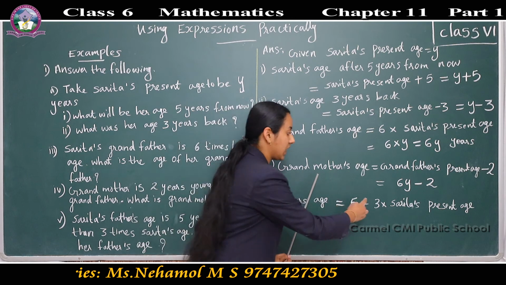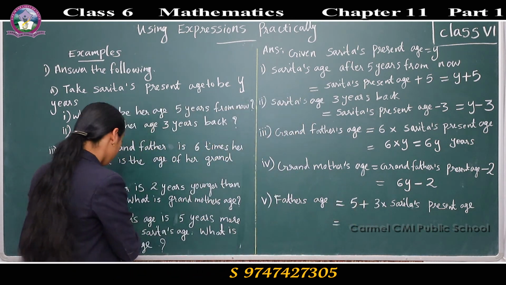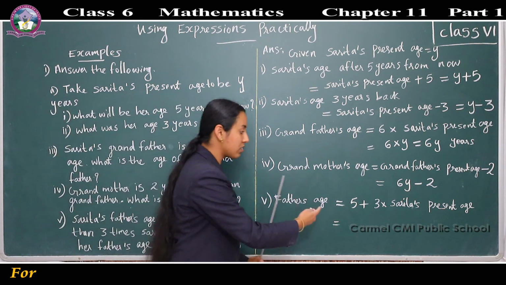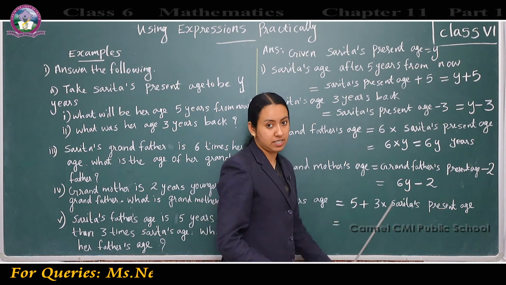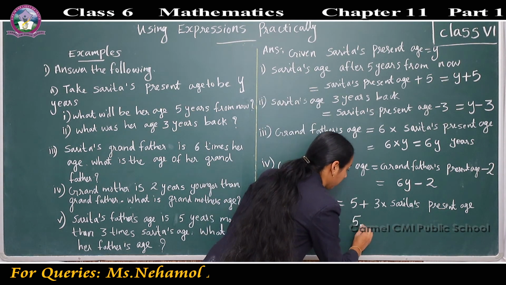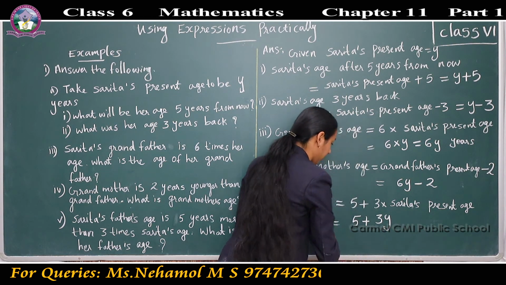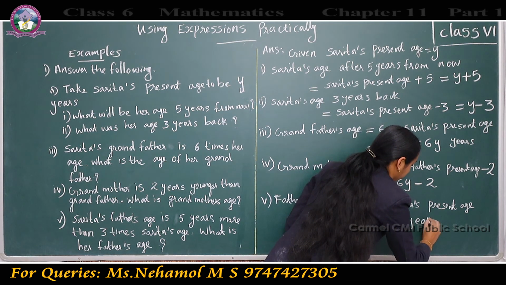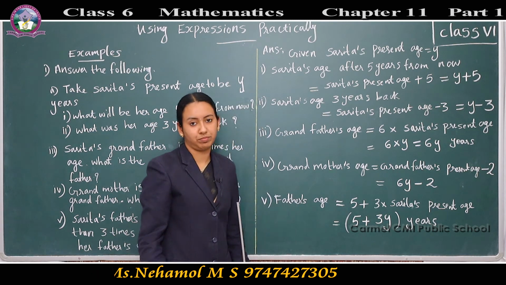That means 3 into y, plus 5. That is equal to 5 plus 3y. 5 plus 3y years. That is the father's age.